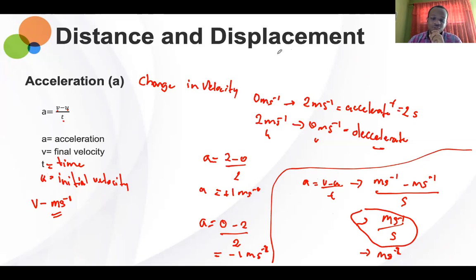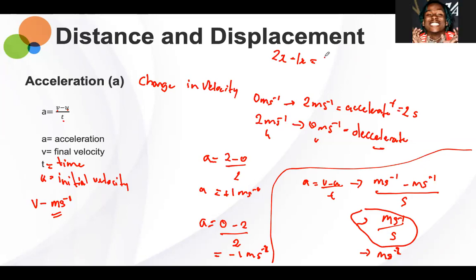This is a question. If we have 2x and then we minus 1x, what would the answer be? It would be x. It's the same thing, it doesn't really change. The x is still there because they're the same.